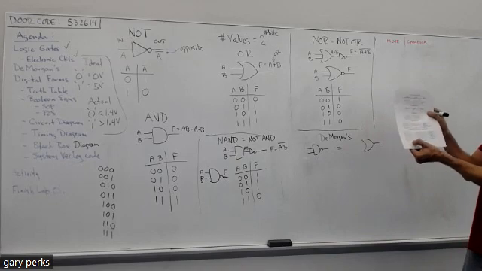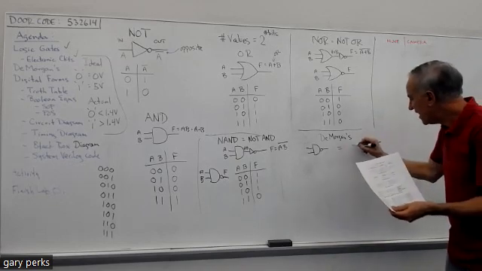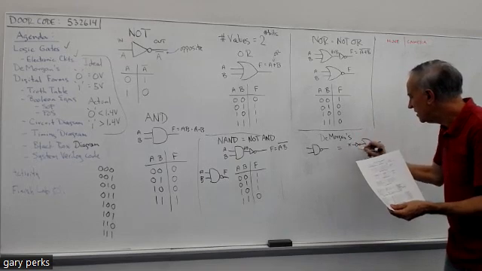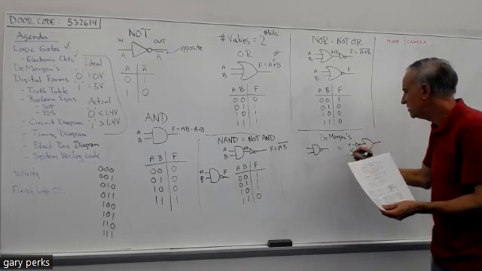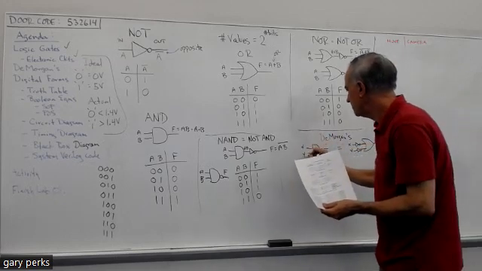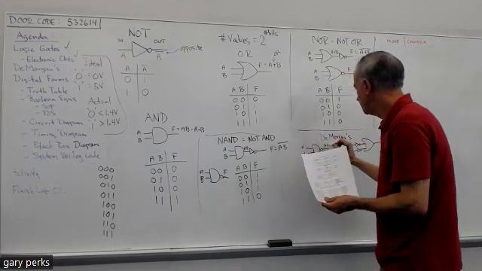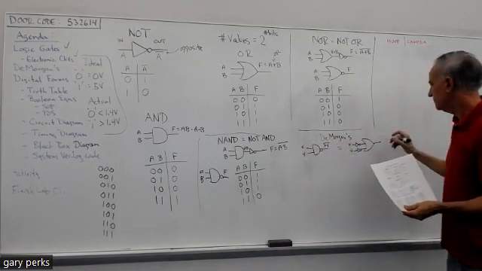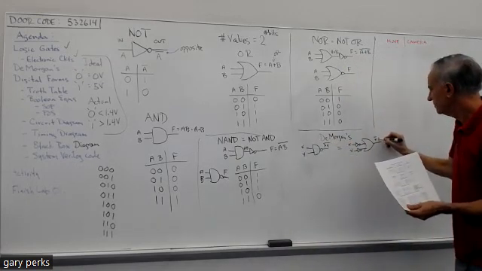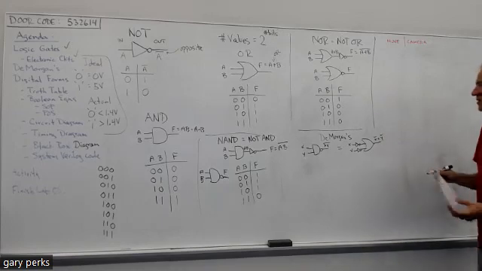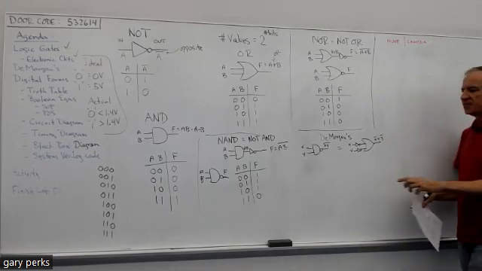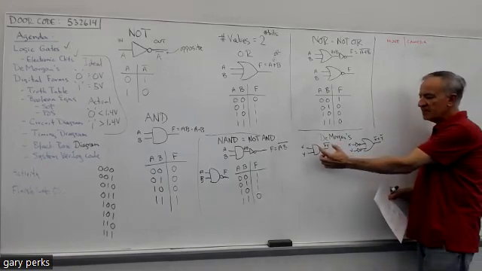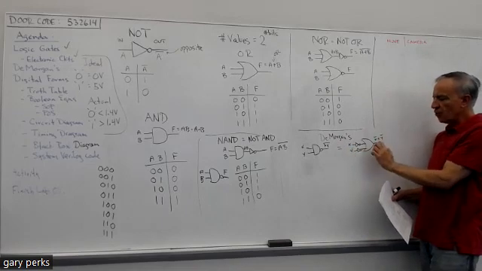Because the OR is the plus sign. And then I have X being inverted. And I have Y being inverted.